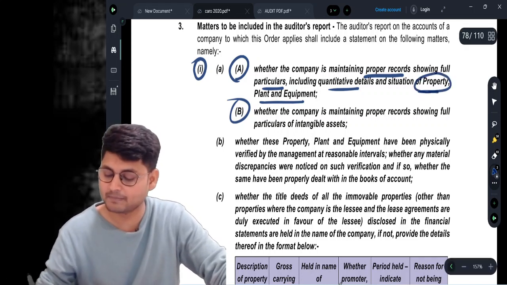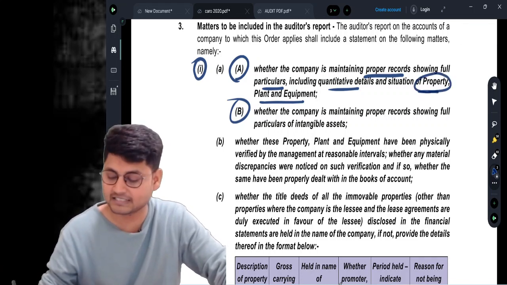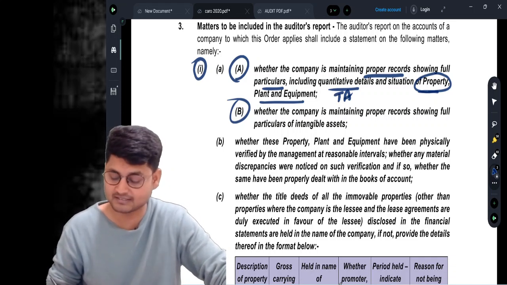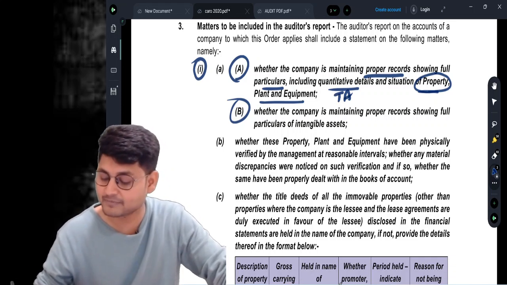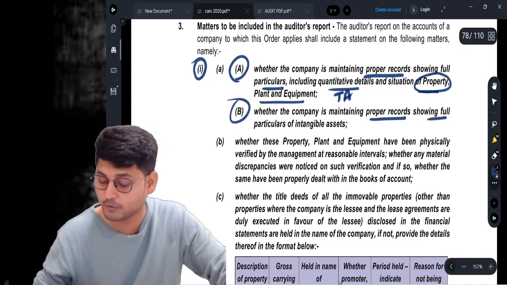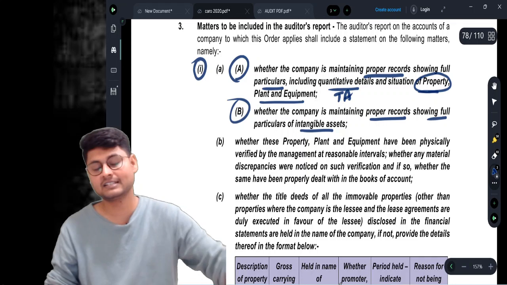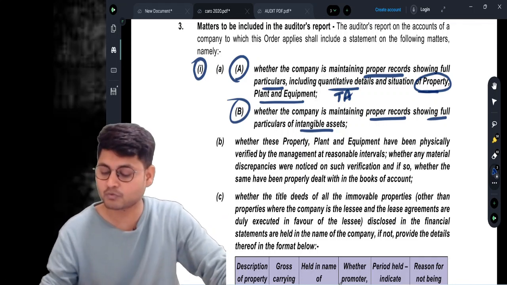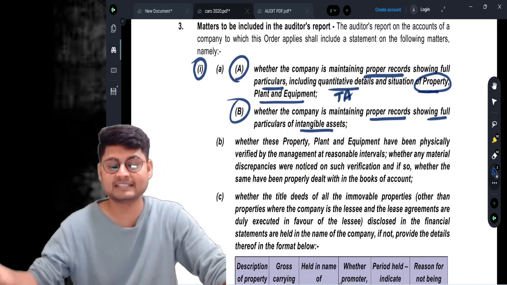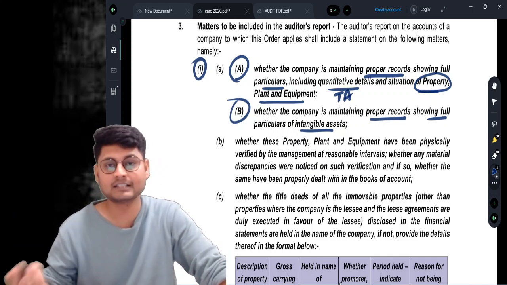When it is property, plant and equipment, it is talking about tangible assets. A similar clause is there again: whether the company is maintaining proper records showing full particulars of the intangible assets. But what is missing here? It is not talking about quantitative details, and it is not talking about the situation of the asset, where it is actually located. This is not discussed in clause number B.